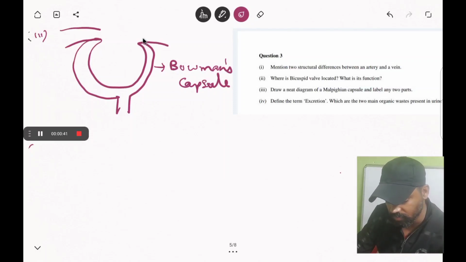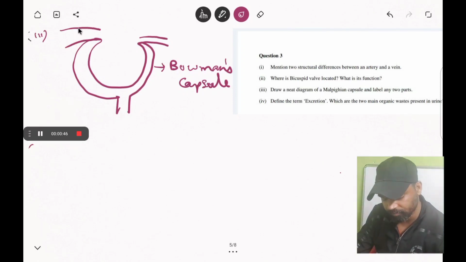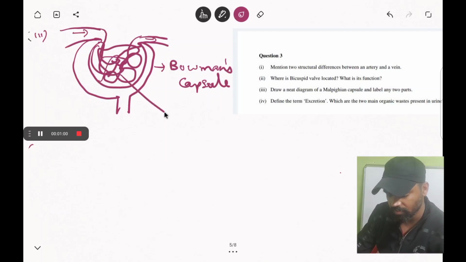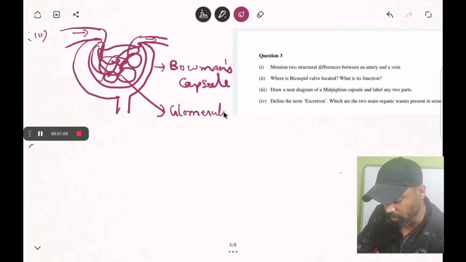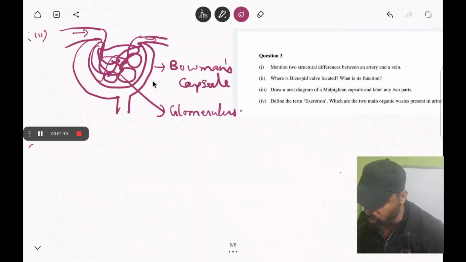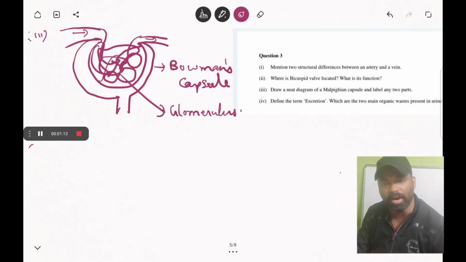This is thicker, this is thinner. So this is your glomerulus, and this is your Bowman's capsule. They have told us to label any 2 parts. This entire thing is known as the Malpighian capsule.